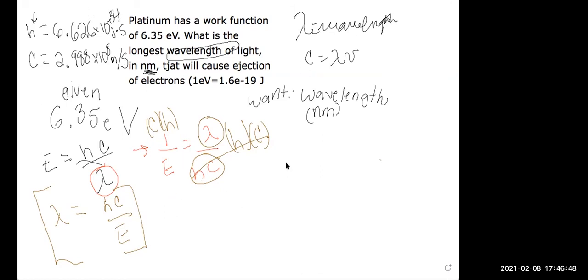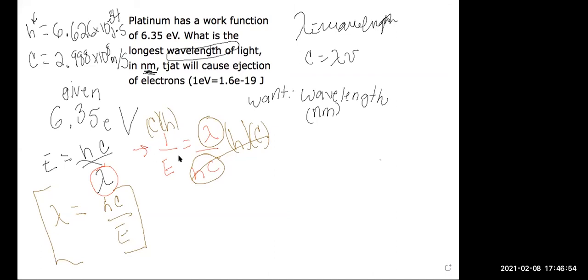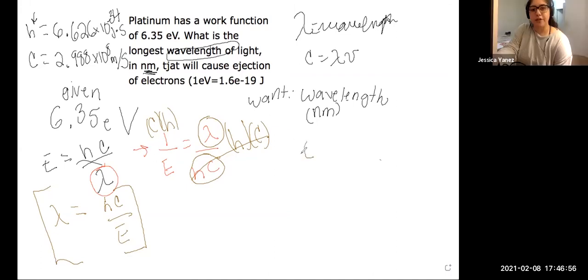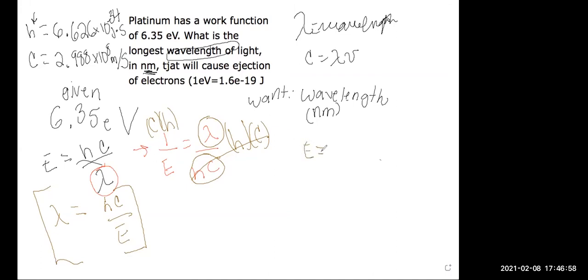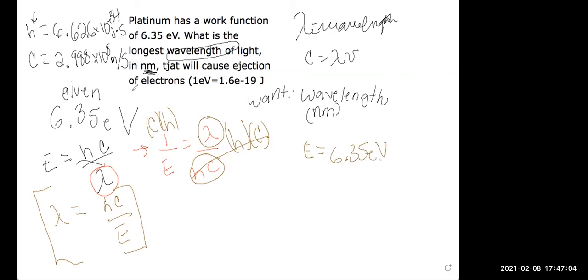Right, and then from there, we just plug everything in. So we know that our energy is 6.35 eV, and we know that our H and our C are constants.